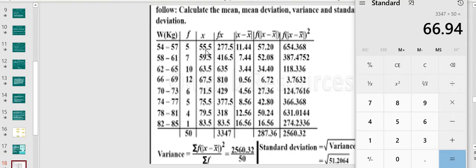We will subtract the mean value from this value. 55.5 minus 66.94 is equal to minus 11.44, and we will take the mod and ignore all the minus values.